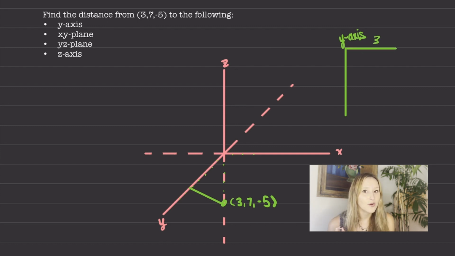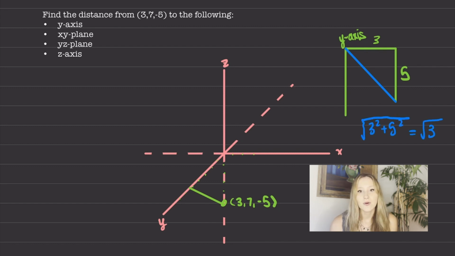If you want to get to the y-axis, you're going to go 3 units towards the y-axis in the x direction, and then 5 units towards the y-axis in the z direction. You're going to want to find that blue hypotenuse there. And what do we get? We get the square root of 3 squared plus 5 squared, which is the square root of 34.